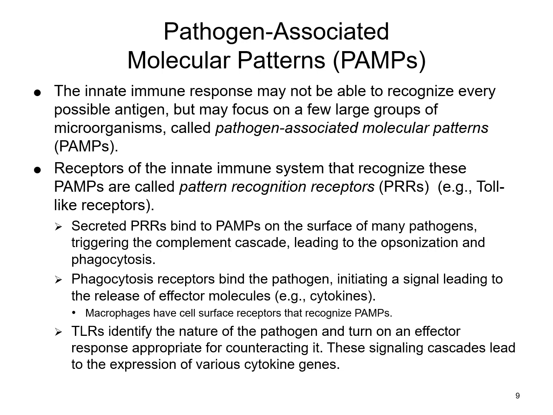Macrophages have cell surface receptors that recognize the pathogen-associated molecular patterns as well. And then the third is the toll-like receptors, which identify the nature of the pathogen and then turn on the effector response that's appropriate for that particular pathogen. This signaling cascade leads to the expression of various cytokine genes. So you have a couple of different ways that this can happen.